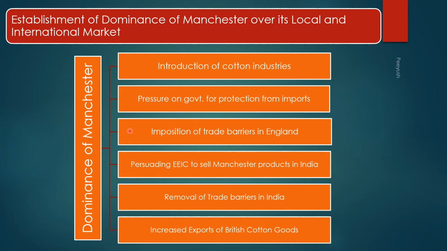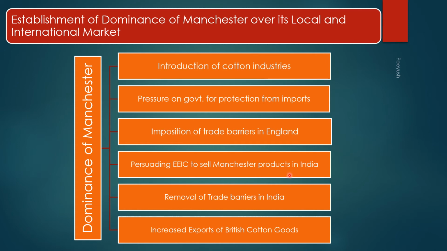Imposition of trade barriers in England. They put trade barriers in England and increased the taxes on imports in England, and hence the products coming from outside, from India, stopped coming, or reduced to a great extent, and Manchester captured the local market. Another thing, persuading the EEIC, the English East India Company, to sell Manchester products in India.